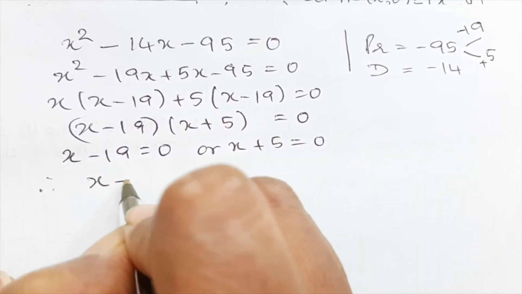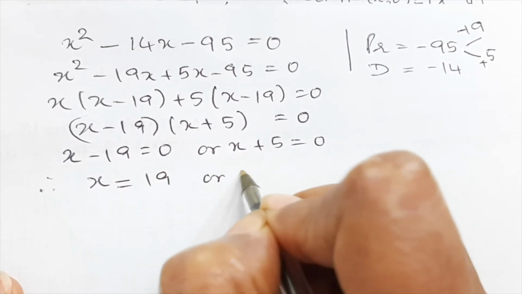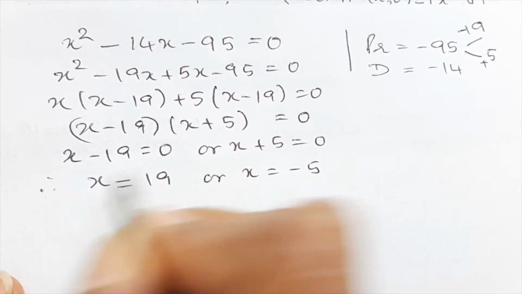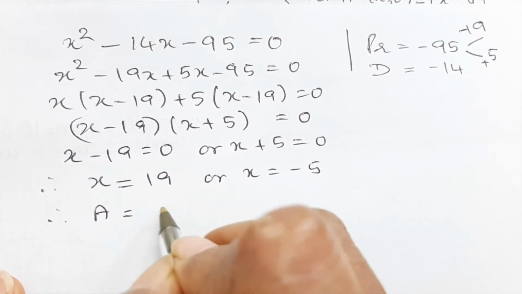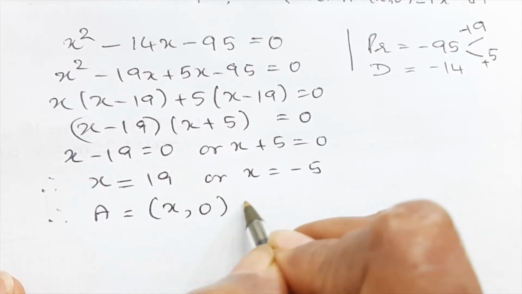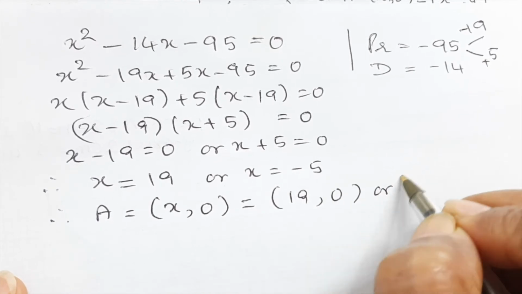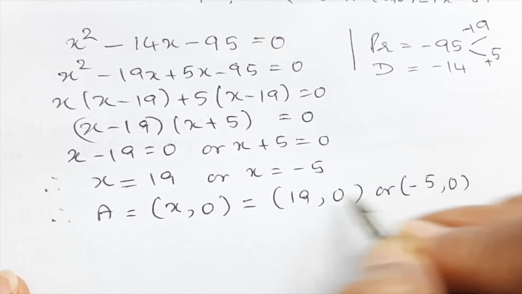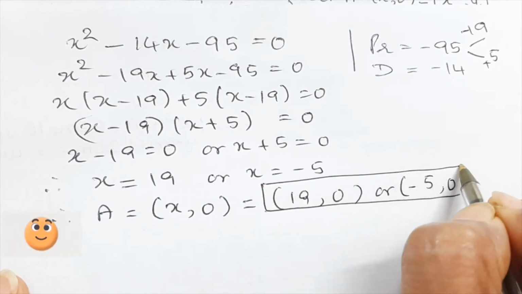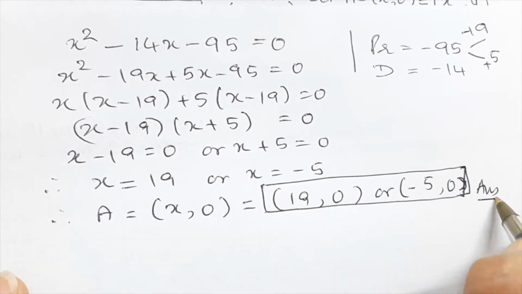That will give us x equal to 19 or x equal to minus 5. Therefore, A, which is going to be (x, 0), is (19, 0) or (minus 5, 0). So these are the coordinates of A, and that is our answer.